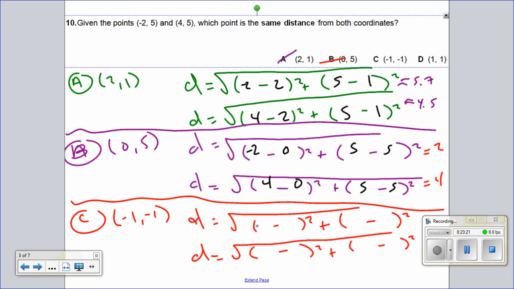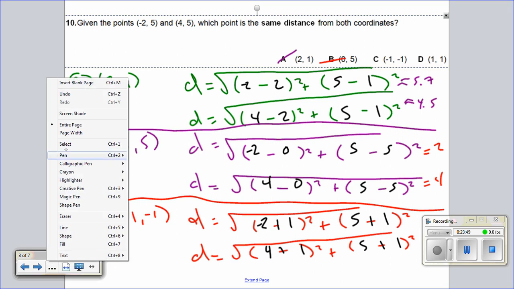So my x's are -2 and -1. So that's -2 plus 1. And then my y values are 5 and -1. So 5 plus 1 for that first one. Now 4, 5 with -1, -1. So that's 4 plus 1 and 5 plus 1 again. Grab the calculator.